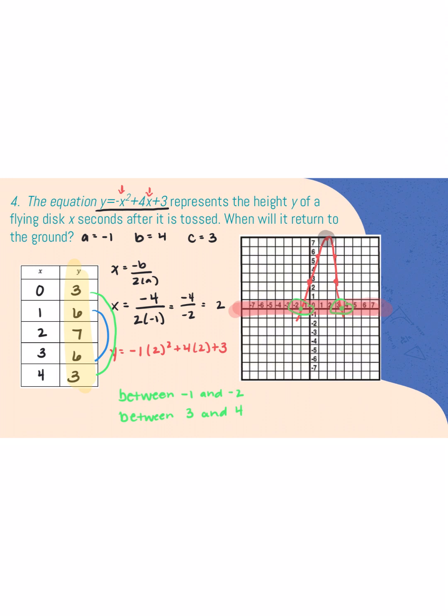So if you were to count, would you ever count with negative numbers? No, not if we're counting. If we're counting, we're going to say 1, 2, 3, 4, right? We're not going to say, I'm going to count by -1, -2, -3, -4. No, if I threw a disc up and I were counting, I'm going to go from 0 and go on up. So the only answer that would really work for this one would be this one right here.